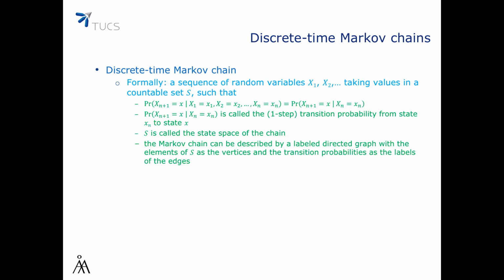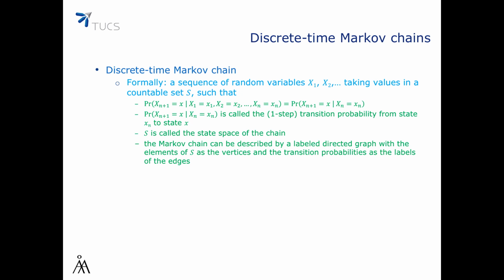So formally, a discrete-time Markov chain is a sequence of random variables x1, x2, and so on, taking values in some set S, such that the probability that in the next state we have value x, given the whole past of the process, is exactly the probability that we have in the next state x, given that in the current state we have xn.